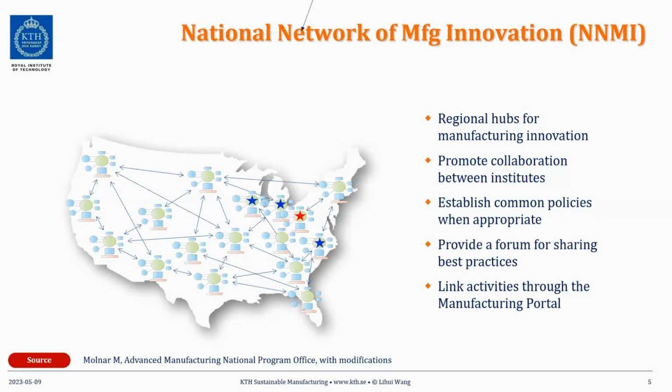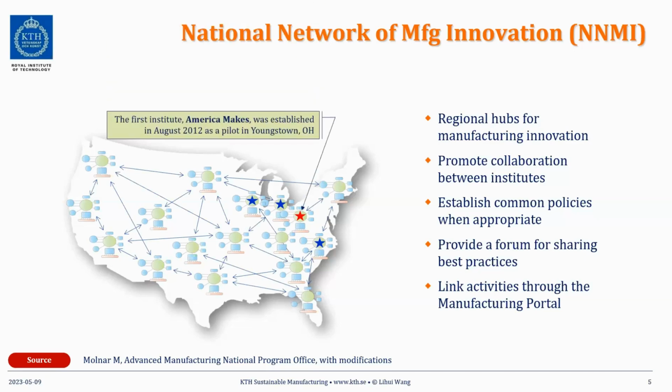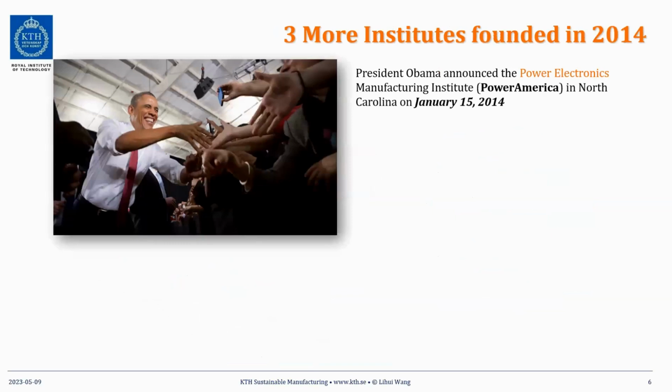Based on this design, the first pilot institute, called America Makes, was established in August 2012 in Youngstown, Ohio. That's the first one. On January 15, 2014, another one was announced. This one was Power Electronics, and the name of the institute is Power America, in North Carolina.